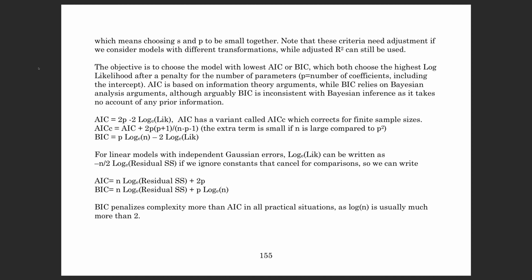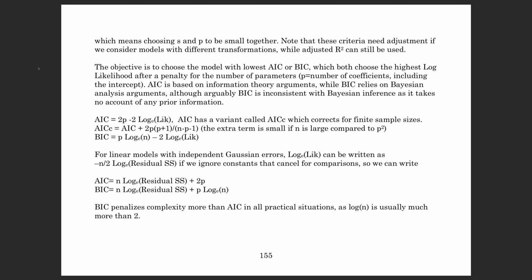So how do AIC and BIC work? We want to choose the models with lowest AIC or lowest BIC. These are equivalent to choosing the highest log likelihood models after we have a penalty for the number of parameters.